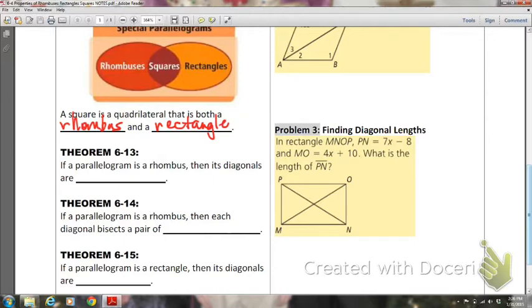The first theorem in this lesson says that if a parallelogram is a rhombus, then its diagonals are perpendicular. The next theorem says that if a parallelogram is a rhombus, then each diagonal bisects a pair of opposite angles.